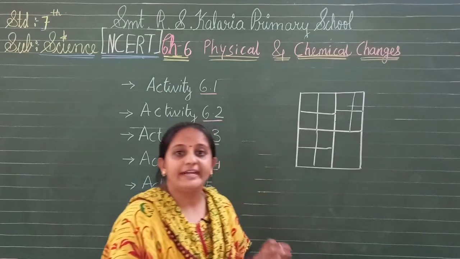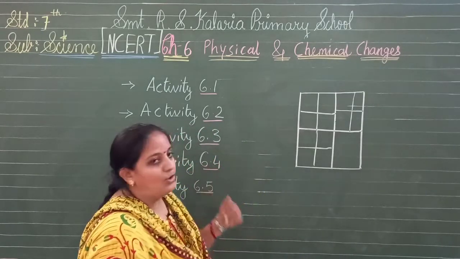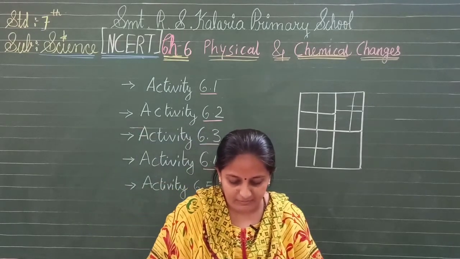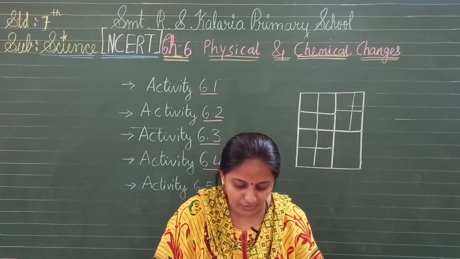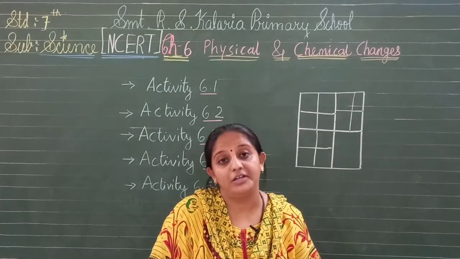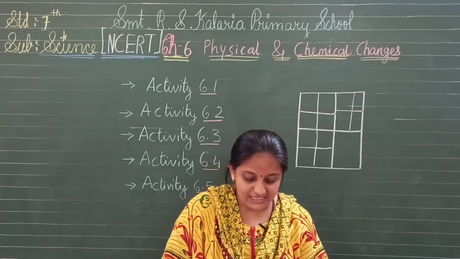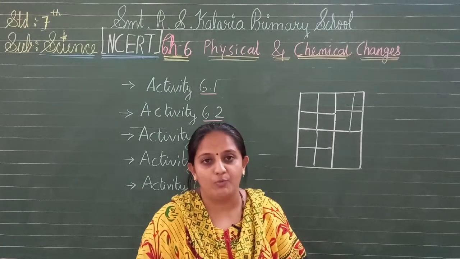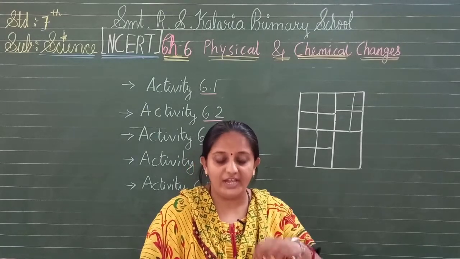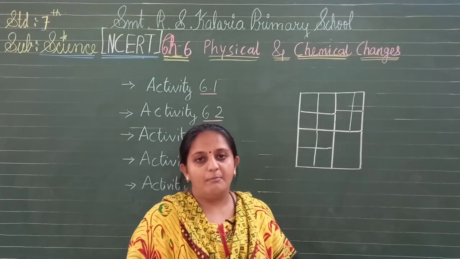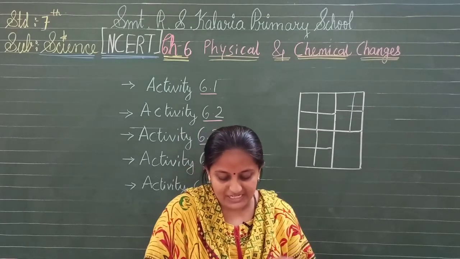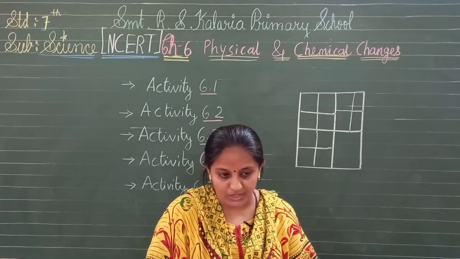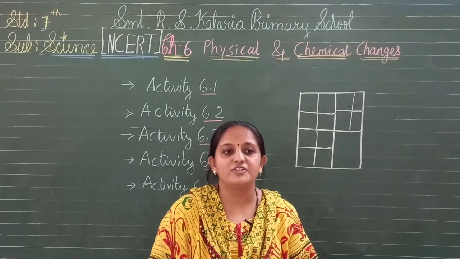Now next, activity 6.4. Now what is this activity based on? What we have to do? Boil some water in a container. See the steam rising on the surface of the water. Then hold an inverted pan by its handle over the steam above the boiling water and observe the inner surface of the pan.